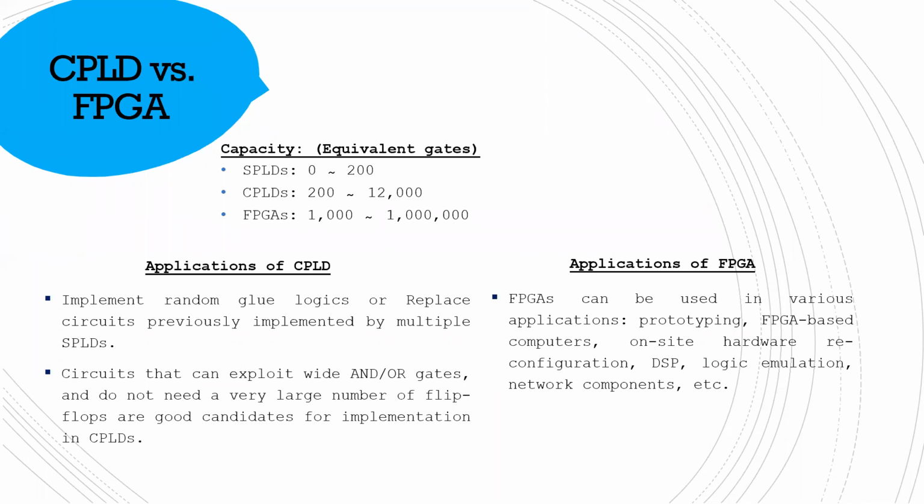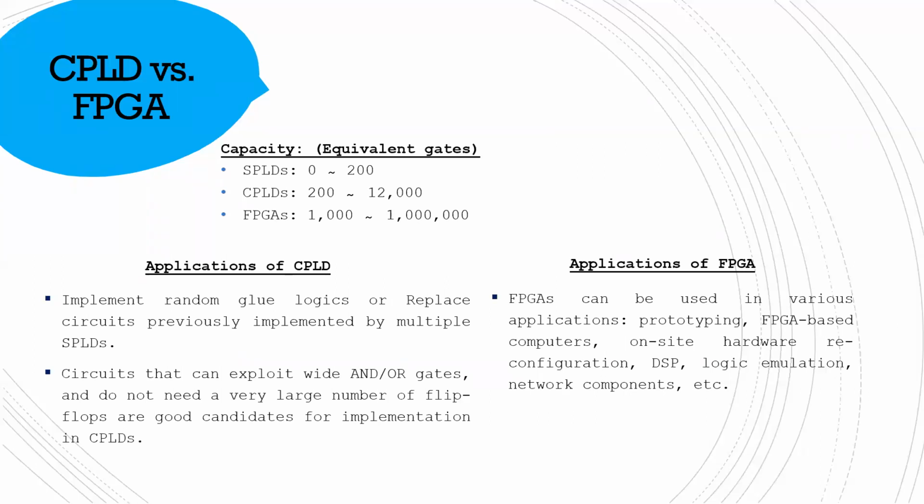Now see the application where the CPLD and FPGA are used. CPLD implements random glue logic or replaces a circuit previously implemented by multiple SPLDs. That means, let's see, you have a big circuit that has multiple SPLDs, like multiple PLAs. So you want to replace that and you want to change the circuit, you want to make it even simpler.